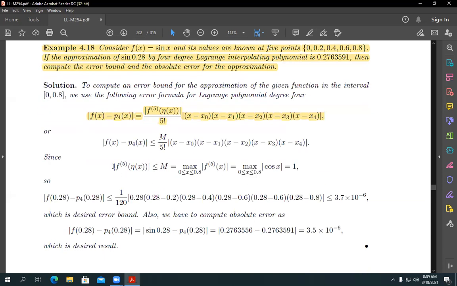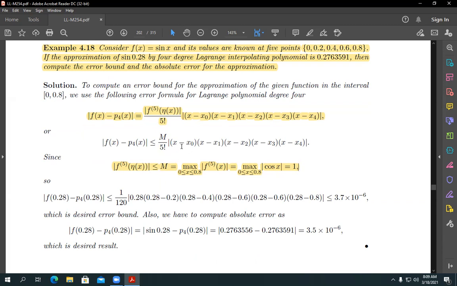So the only thing you calculate is this one. When you find the 5th derivative of the function, it is a very simple function, sine x. The 5th derivative of sine x is cosine x. And the maximum is at 0, which is 1. So you have the value of M, which is 1. 5 factorial means 120. Then you have x minus x naught.